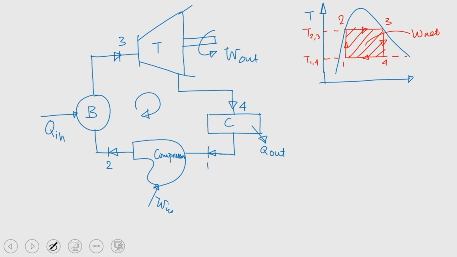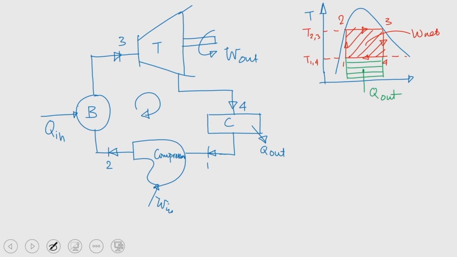And if I use another color, this is the area representing the heat rejection.